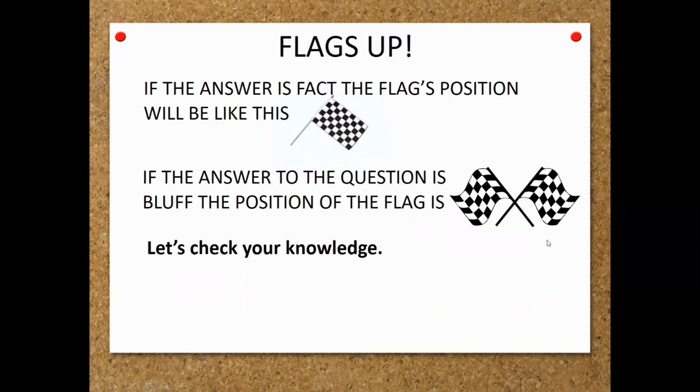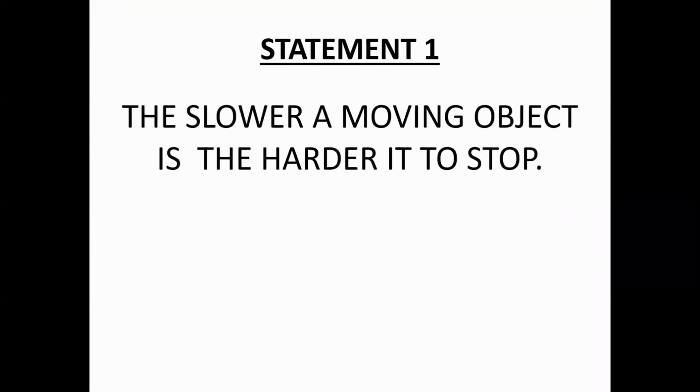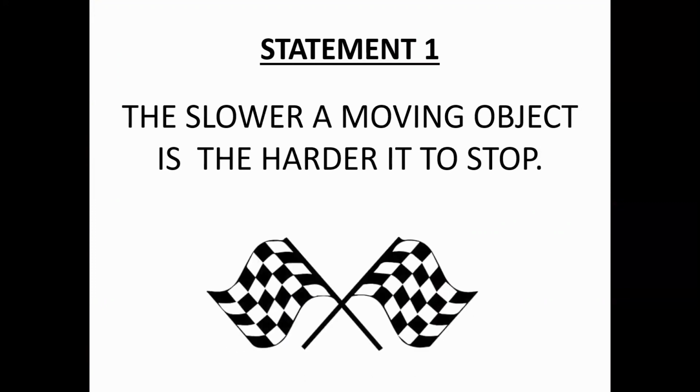Now, let's check your knowledge for today's lesson. Are you ready? Statement number 1. The slower a moving object is, the harder it is to stop. Is it a fact or a bluff? The answer is bluff. The slower a moving object is, the easier it is to stop.